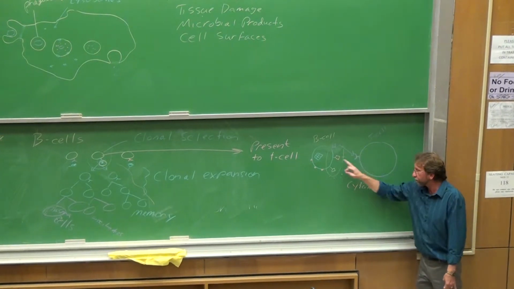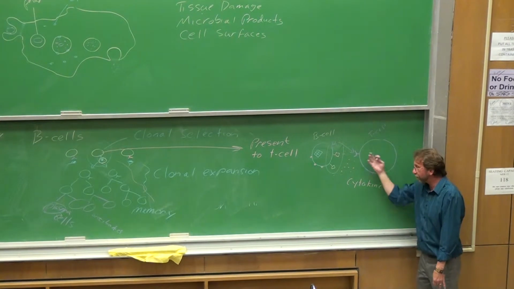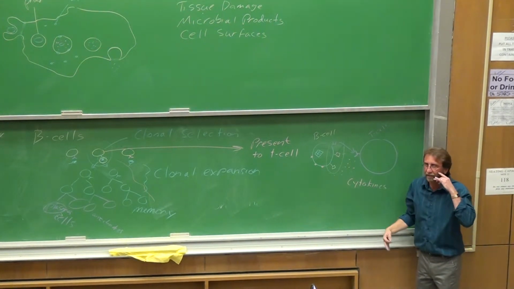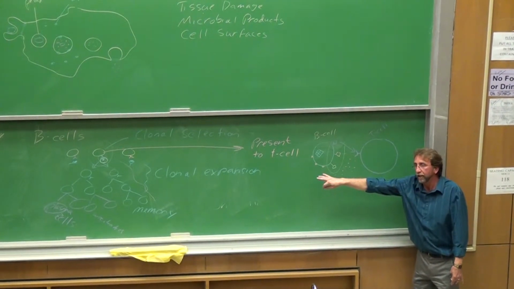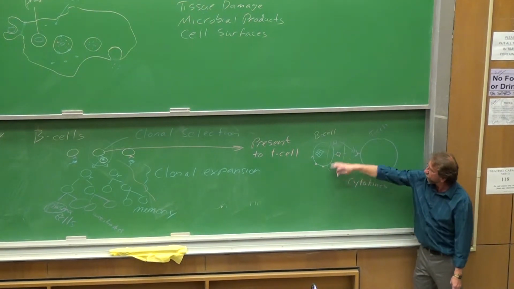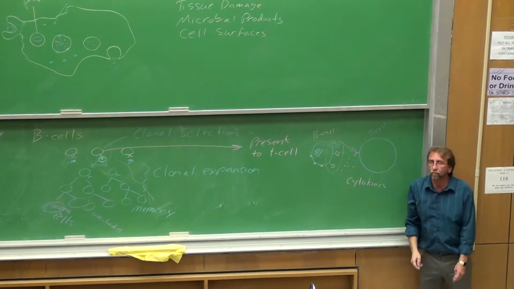The T cells have to interpret what is being presented to them. And then if it is something that needs to be responded to, something that has been recognized as bad, then they'll release cytokines and clonal expansion will take place. If the T cell doesn't recognize any of these, then that'll be ignored and clonal expansion won't take place.